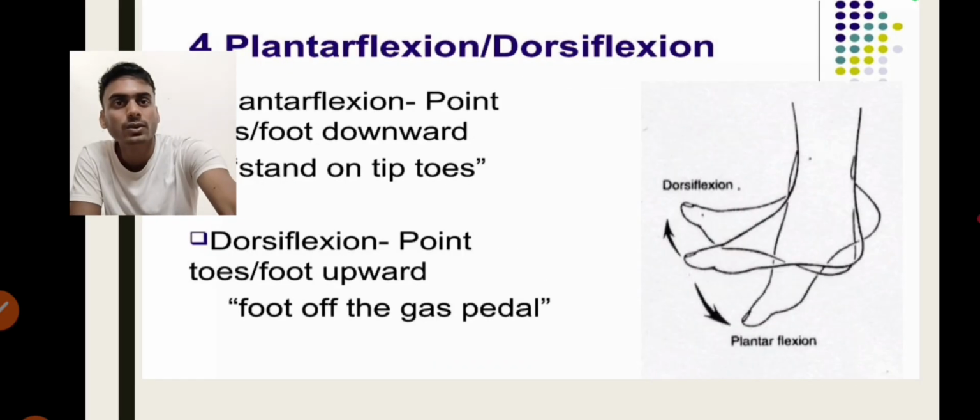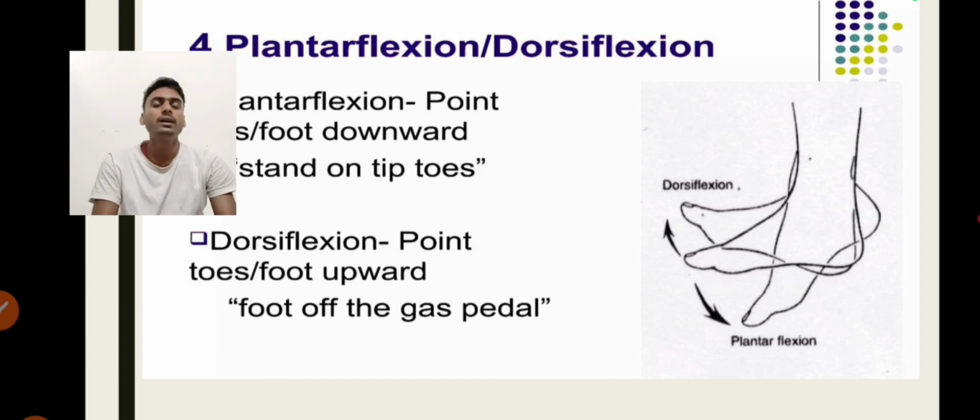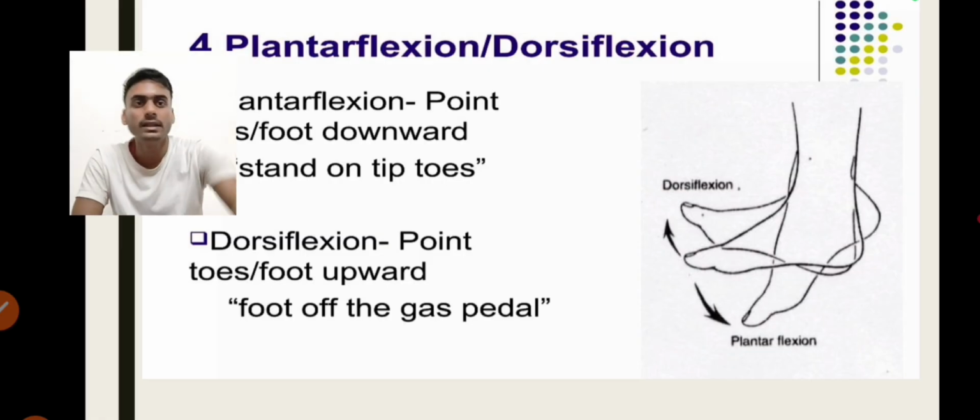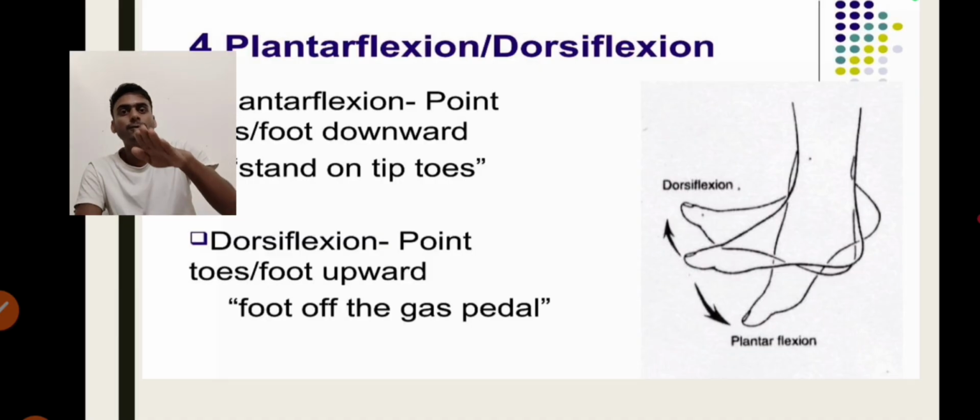Now we continue with the next topic: plantar flexion and dorsiflexion. Plantar flexion is seen at the ankle joint. If your foot is moved away from the body, this is plantar flexion. If you move it towards the inner side of your body, this is called dorsiflexion.